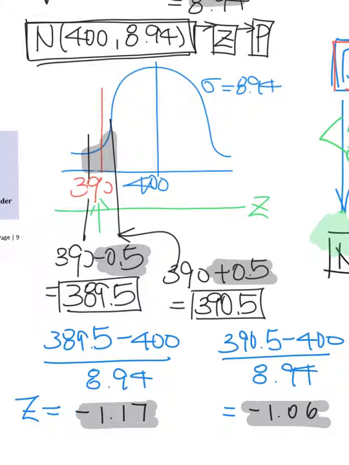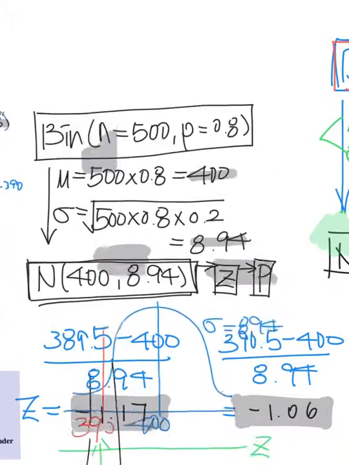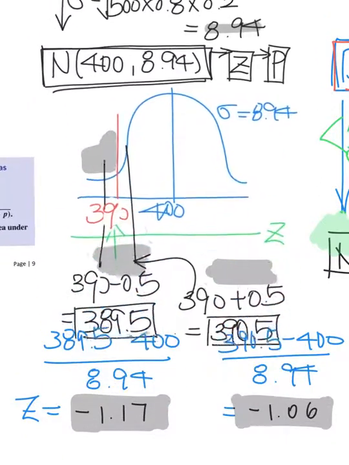So we took the two z-scores, negative 1.17 and negative 1.06. Now what do I need? We need a probability from the z-table. Let me go to the negative z-table, and I need the probability at negative 1.17.